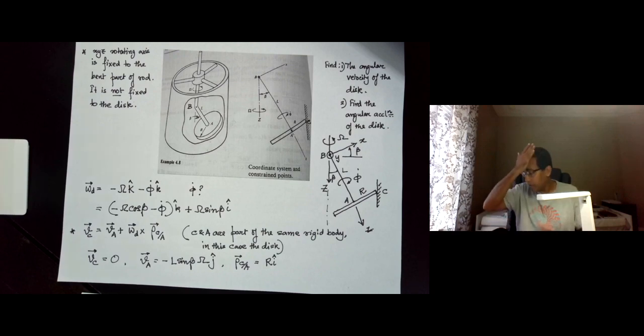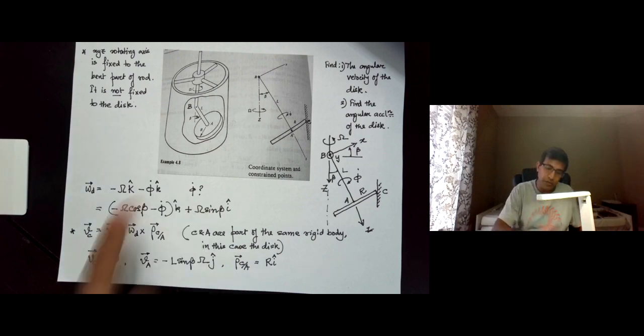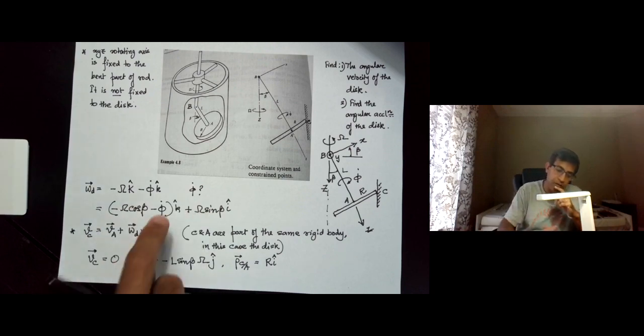In fact, we found the spinning speed of the disk by setting the velocity of the point C to be equal to 0. Recollect that initially phi dot was not known to us, and in the first part of this video we had first solved for phi dot.